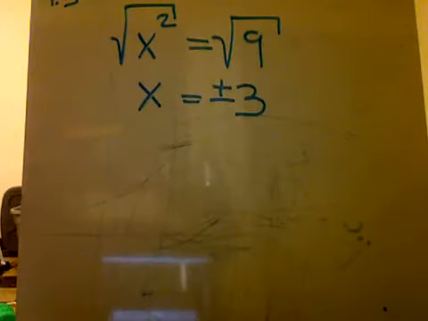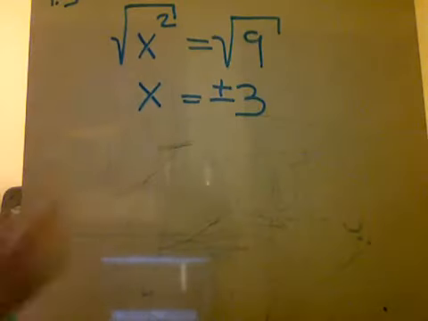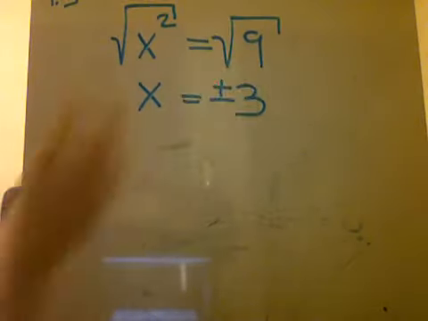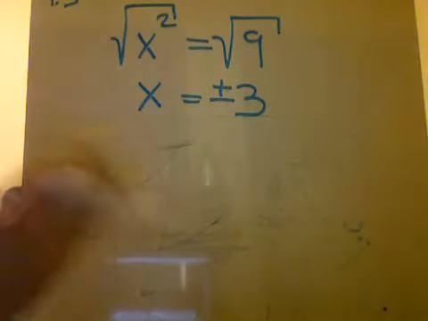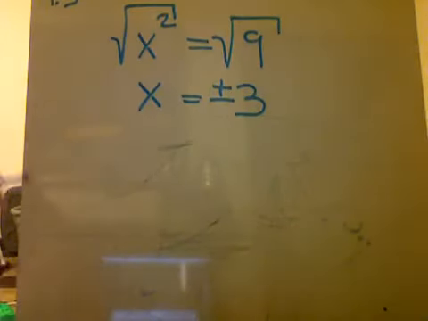So if I take a positive 3 times a positive 3, I'm going to end up with a 9. And if I take a negative 3 times a negative 3, I'm also going to end up with a 9. So both of these answers are equally valid. So they both matter. The plus or minus 3 matters.